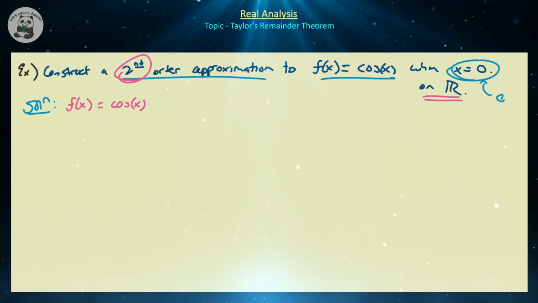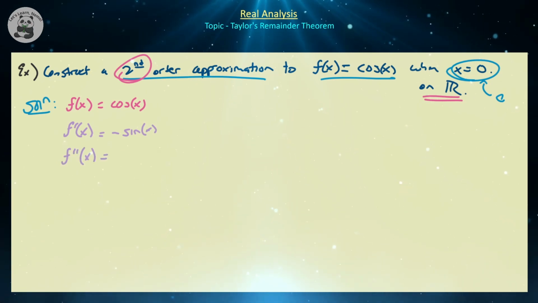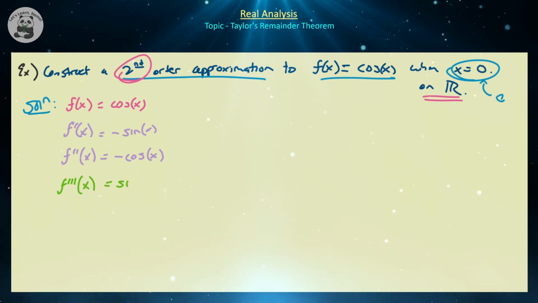So what is the first derivative of cosine? The first derivative of cosine is going to be equal to minus sine. The second derivative of cosine is going to be equal to minus cosine. And we don't need the third derivative, but we need to make sure that this function is continuous. That's going to be equal to sine, right?